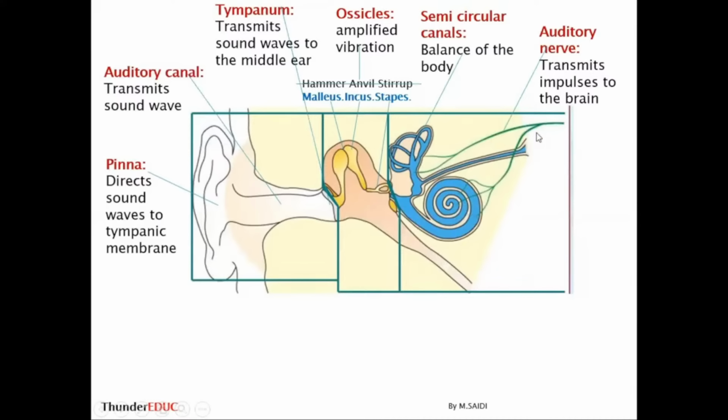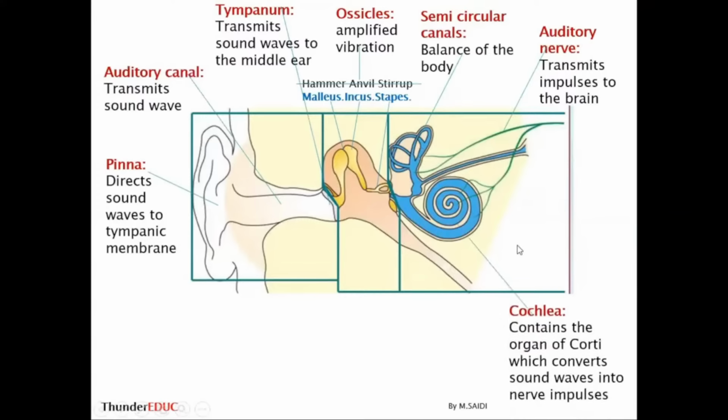Both of them are transmitted to the brain. However, they go to different parts of the brain, because balance is controlled by a different part of the brain from hearing. Hearing is a sensation controlled by the cerebrum, while balance is controlled by the cerebellum.